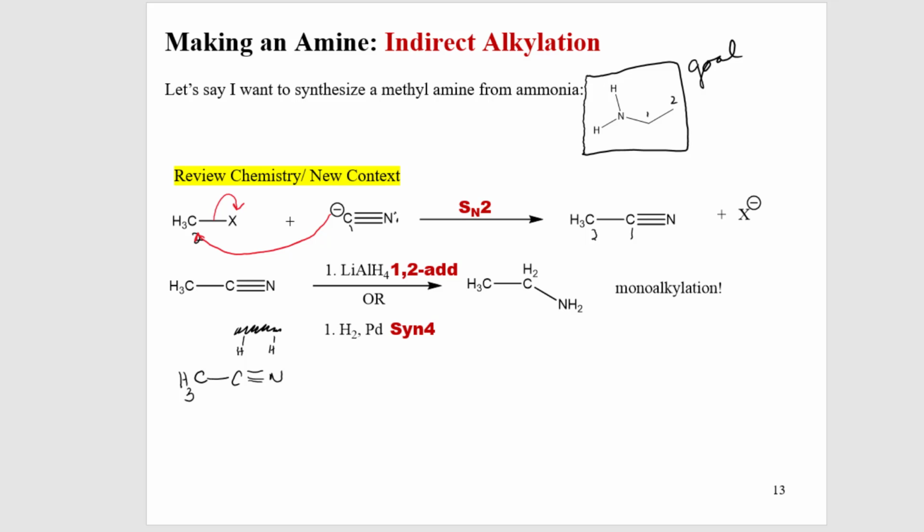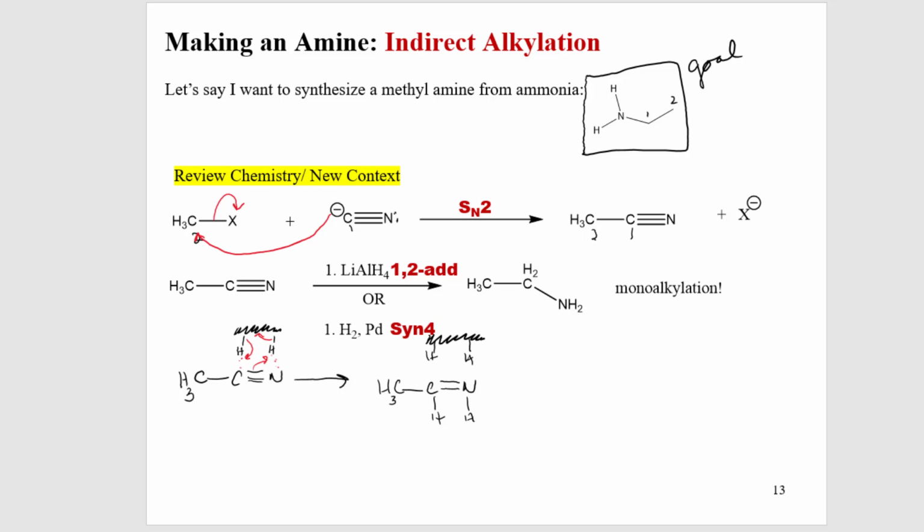We're just going to do this 2 times. The pi bond adds H2 syn, and you end up with CH3, C, double bond nitrogen, and 2 hydrogens, syn, and then you can repeat the process.